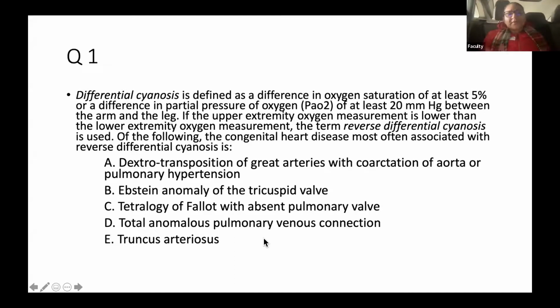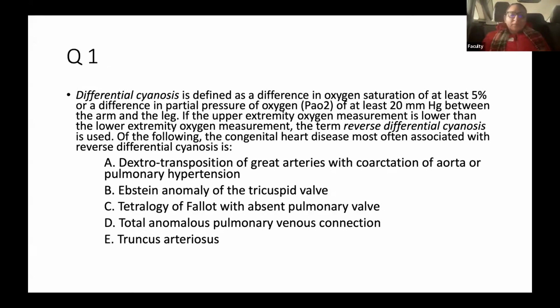Yeah. So basically, the transposition of great arteries means the right side is connected to the aorta and the left side is connected to your pulmonary vessels, right? And so when there is pulmonary hypertension or coarctation, the reverse will happen. In the others it won't be, because those malconnections are not there.